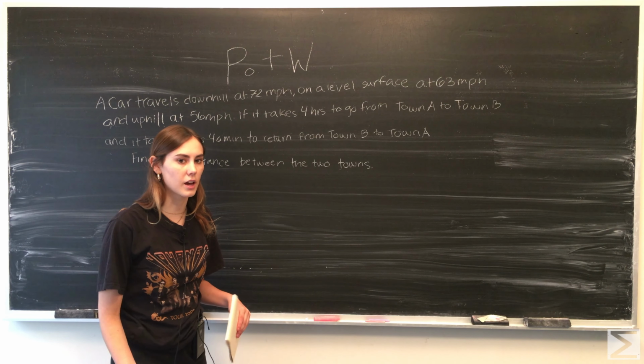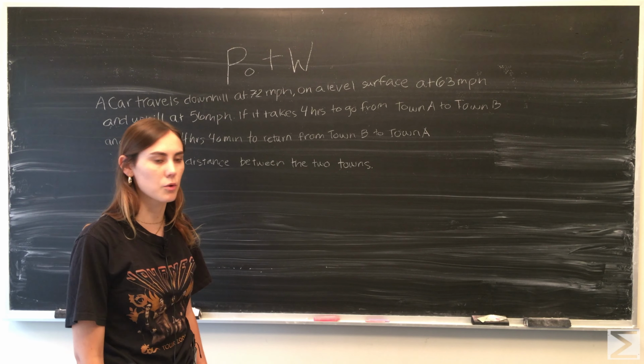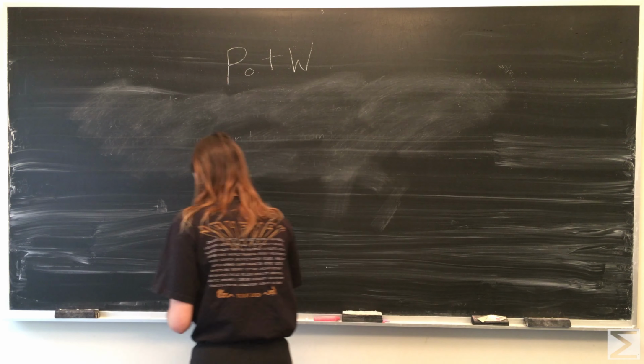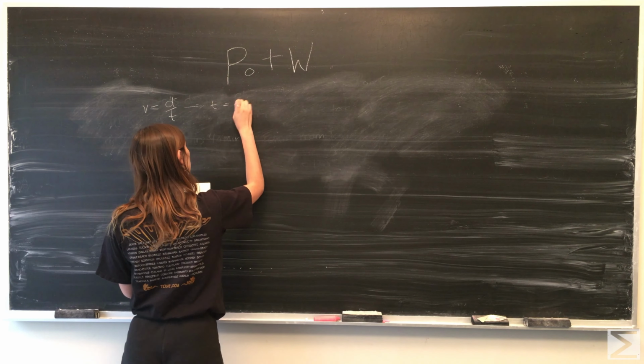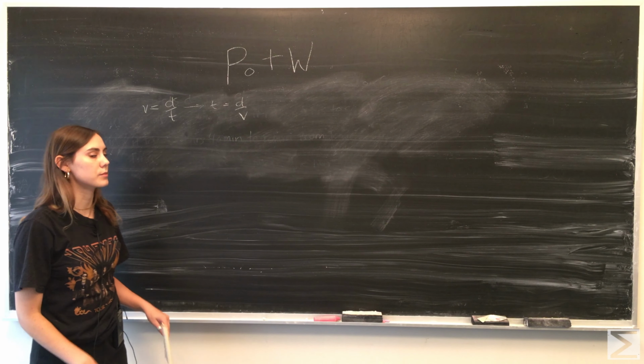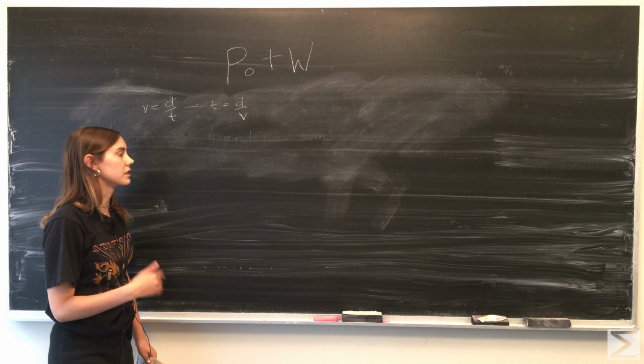To begin, we're just going to start with some basic equations about distance. So we all know that velocity is equal to distance over time, so therefore time is equal to distance over velocity.